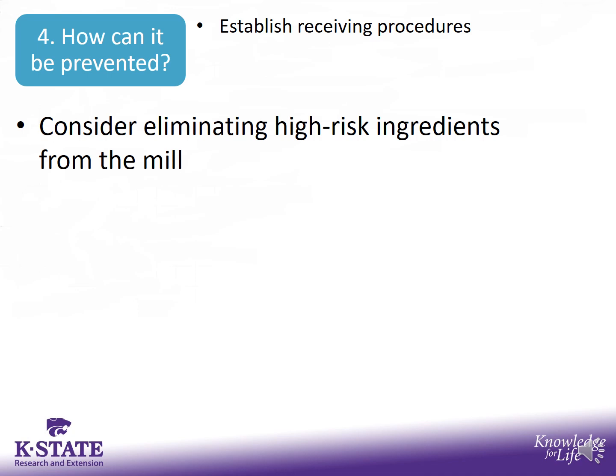If there is an ingredient that is likely to be infected through geographical, agricultural, and transportation practices, and that ingredient has demonstrated an ability to harbor virus that is capable of causing infection, such as soybean meal or porcine-based proteins, consider eliminating those high-risk ingredients from the mill and sourcing them from countries that do not have circulating virus.